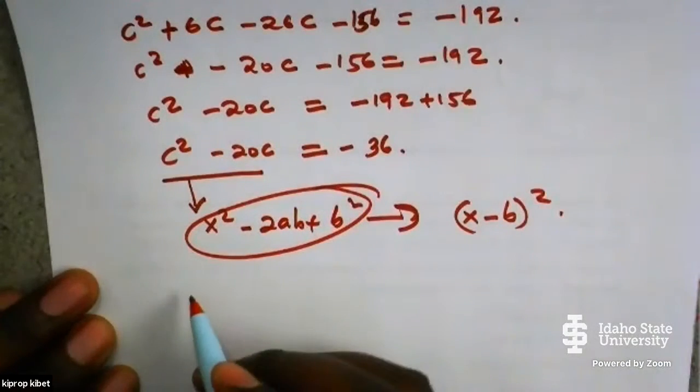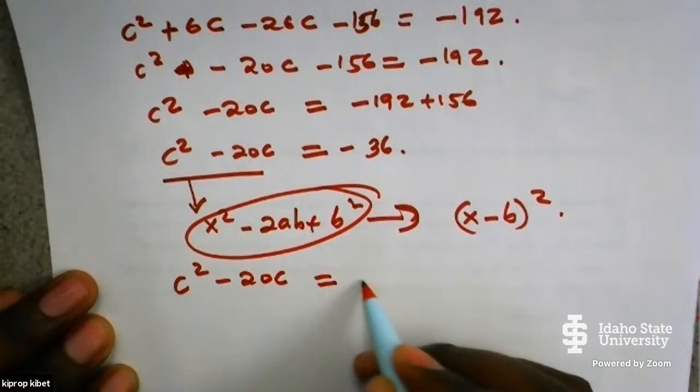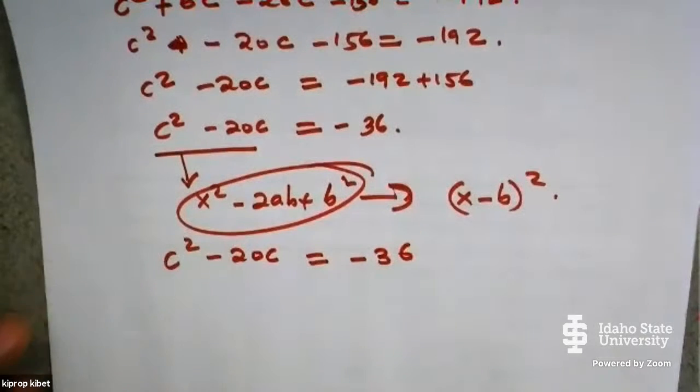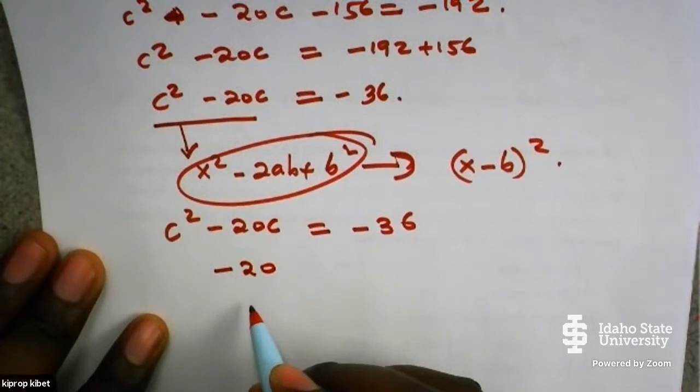So here, c square minus 20c equals minus 36. Identify the coefficient of c in our case. What is our coefficient here? Negative 20.